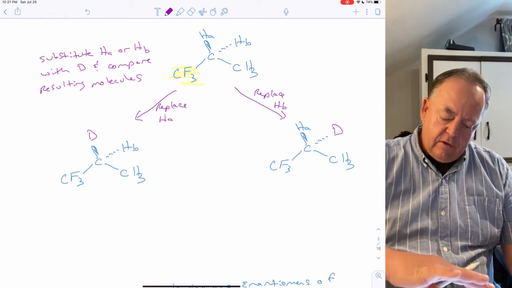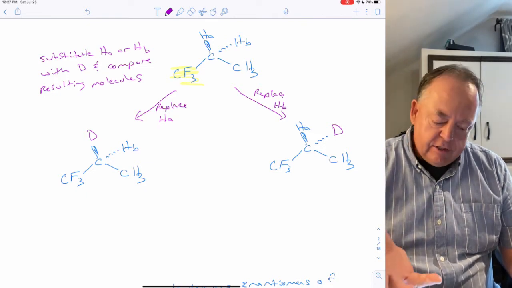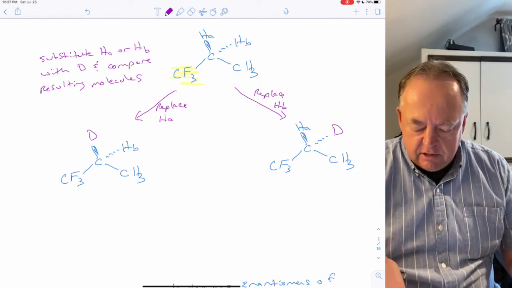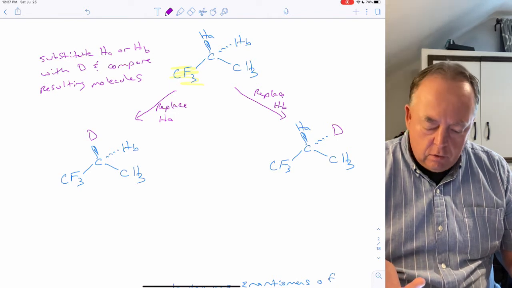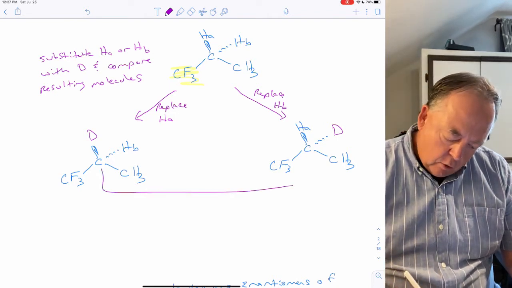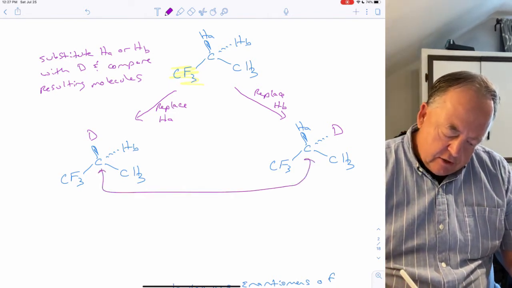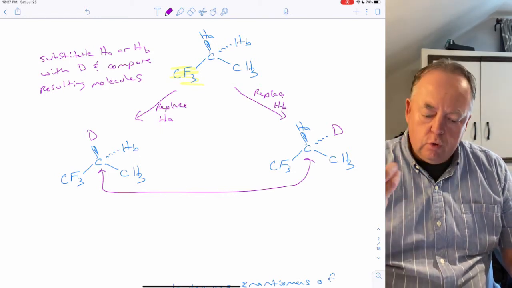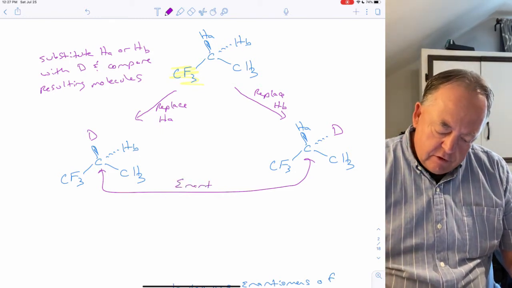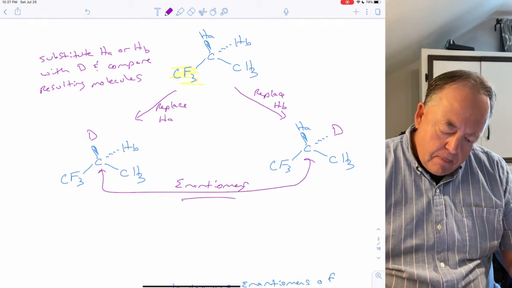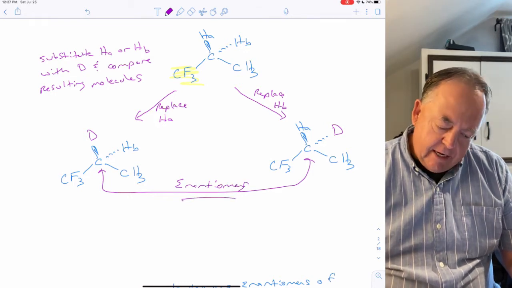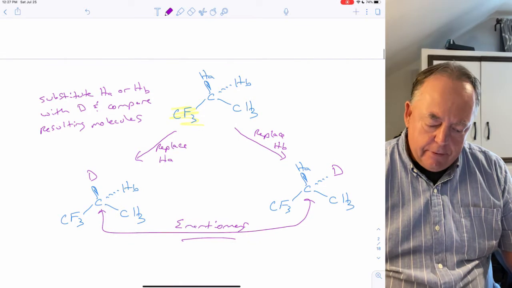If you flip them over 180 degrees, the hydrogens and deuteriums line up, but then the CH3 and the CF3 don't line up. So these molecules have one chiral center, and the chiral center is opposite because we swapped 2 groups, so they must be enantiomers of each other. So HA and HB then are said to be enantiotopic.